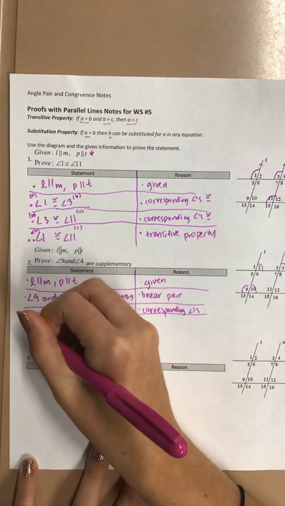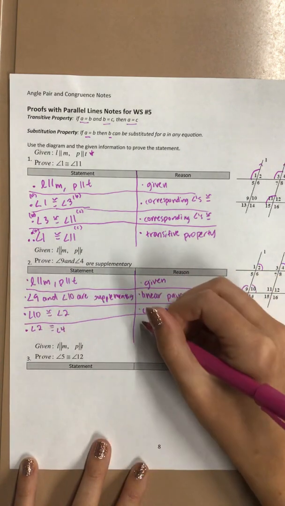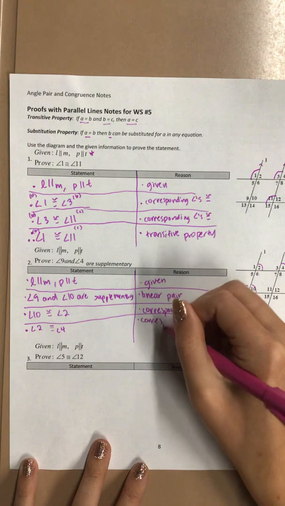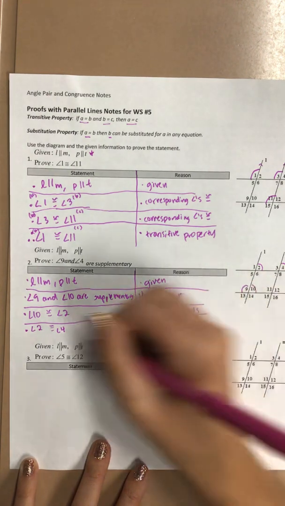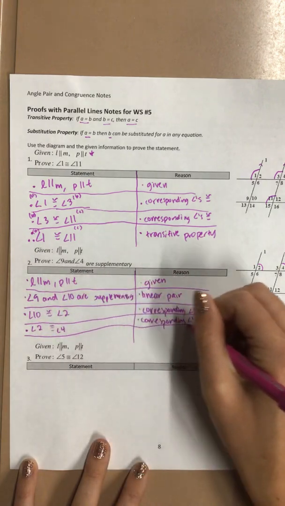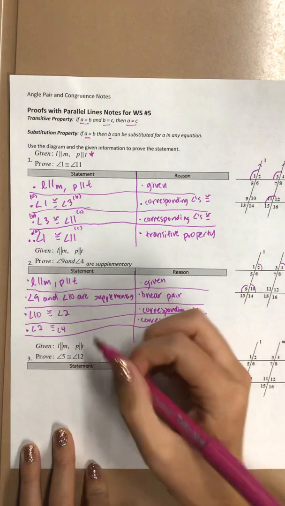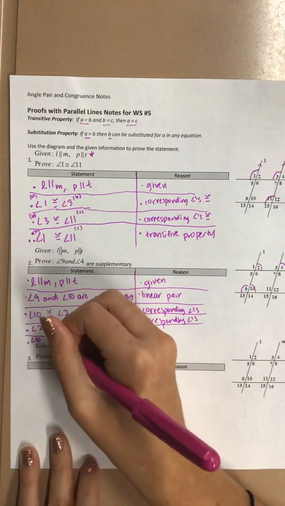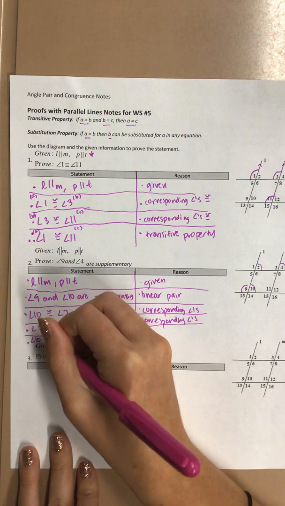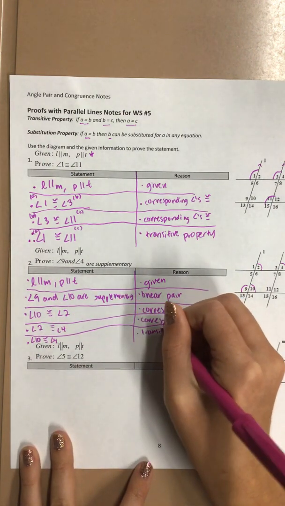So I can say angle 2 is congruent to angle 4, and that is by corresponding angles. And then I have to do transitive property to get 10 to 4. So I'm going to say angle 10 is congruent to angle 4, and that's by the transitive property.